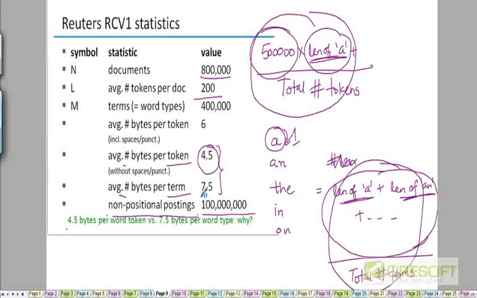And that's because duplicates are going to be collapsed when you're looking at non-positional postings. These are just some empirical values that we're going to work with. You don't have to remember these, obviously. This is just to show you the typical range of values that we are looking at here.